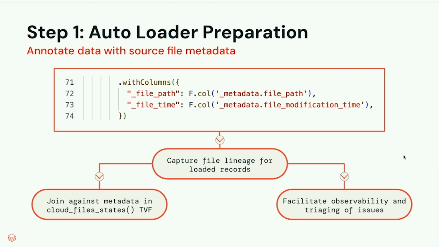For example, you can use that to pinpoint where a specific schema change is coming from or where a specific corrupted record is coming from, so you can further triage. The underscore metadata column includes a number of metadata fields, but here we include only two of them, the file path and the timestamp, because those are the two most pertinent to our recipe.